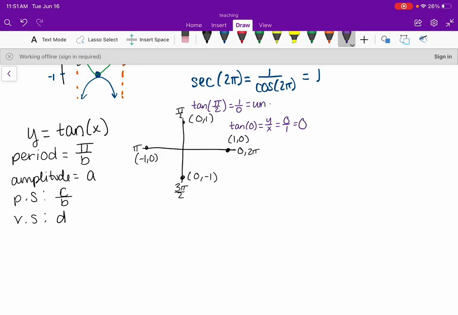So that's actually going to be undefined. Over by pi, if I do tangent of pi, I'm going to get 0 over negative 1, which is 0. 3 pi over 2, if I do tangent 3 pi over 2, I'm going to get negative 1 over 0, which is undefined.